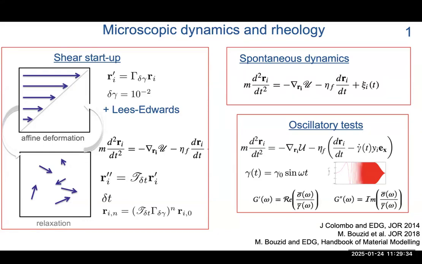I can compute things that are directly related to what people can measure, for example, with dynamic light scattering or microscopy. But then I can also subject the system to shear.